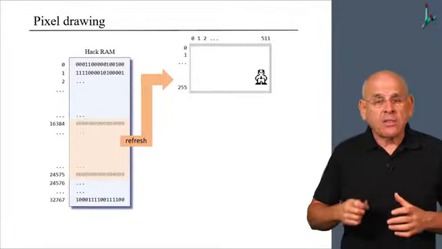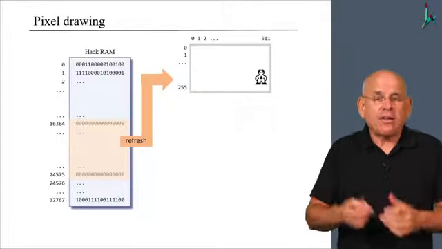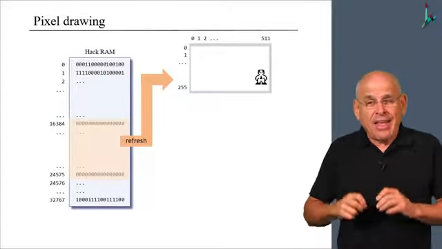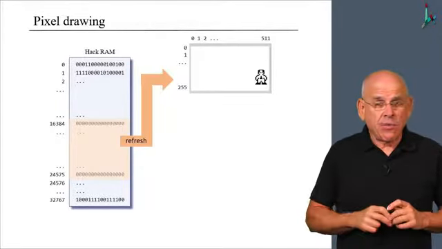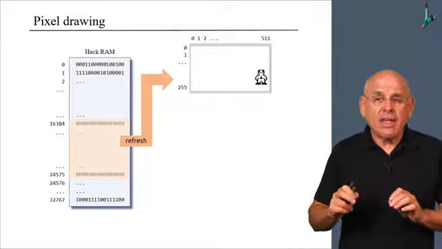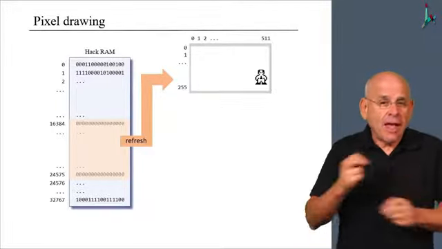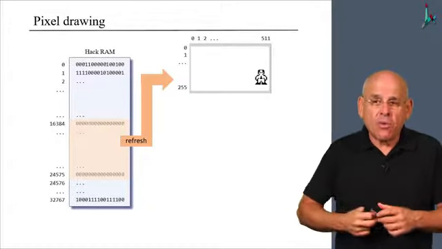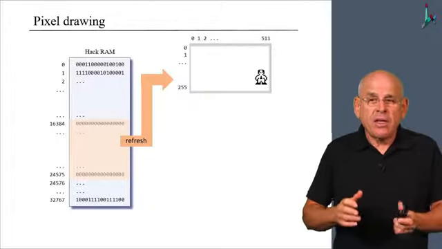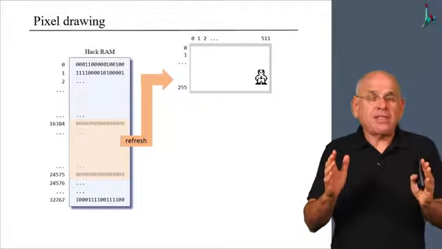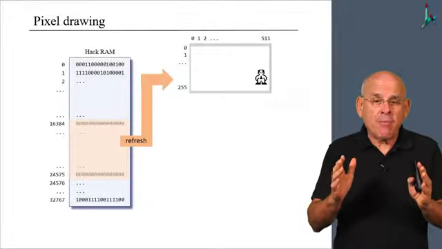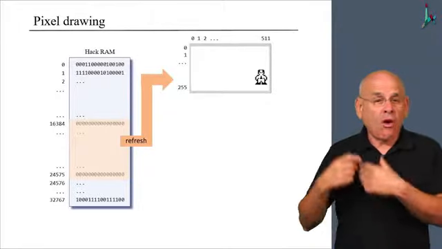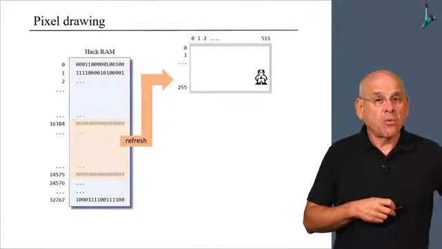Well, it works because there is a contract, yet another contract, which is realized by the hardware, which is called refresh or screen refresh. And the contract is such that several times each second, there's an automatic and routine refresh in which the computer is going to take all the bits that it finds in the memory map and commit them to pixels, which it is going to draw on and off on the physical screen.